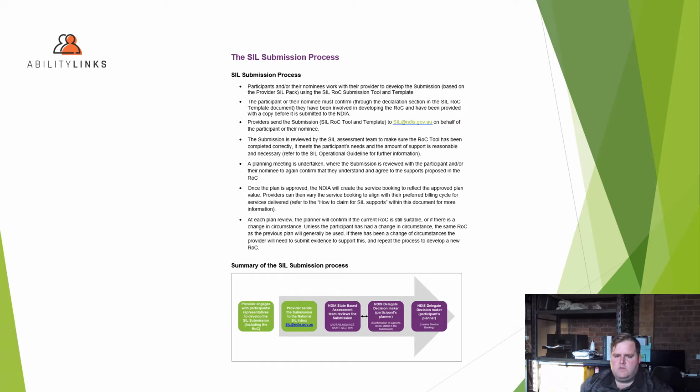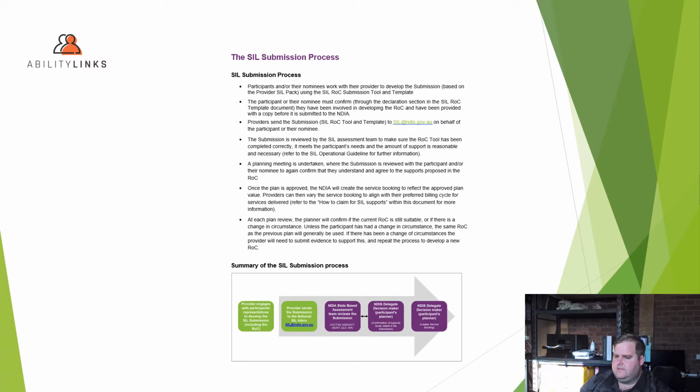Once the ROCk has been completed, it's very important for participants to meet with the provider before it is submitted, just to confirm that everything's okay and to make sure that the information being captured actually matches what the participant and their family are trying to convey. This ROCk is then sent through to the SIL team. They'll assess it and make sure that no mistakes have been made.